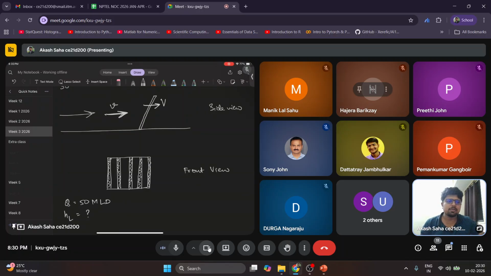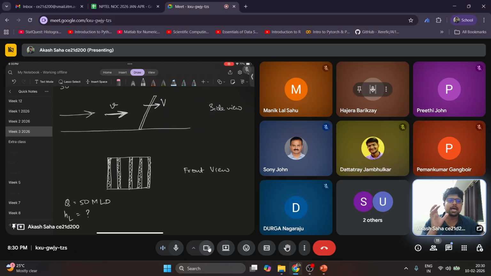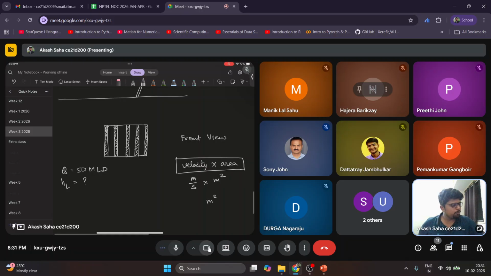Through the screens the area of flow is decreasing because the bars are there. If the area decreases, the velocity will become higher, because the mass is conserved. Velocity times area, meter per second times square meter, gives cubic meter per second, so the discharge should be constant.